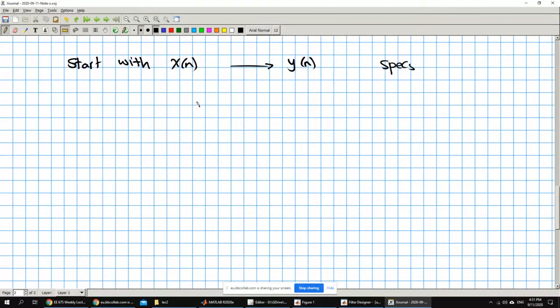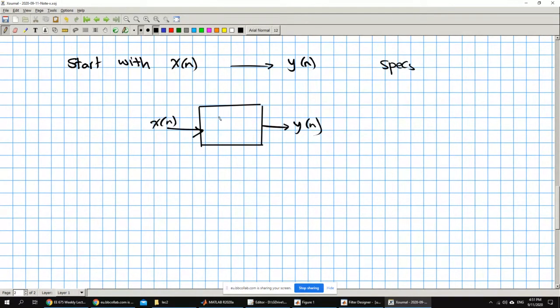Basically, if you want to talk about a system, you basically have an input of x and you have an output of y.